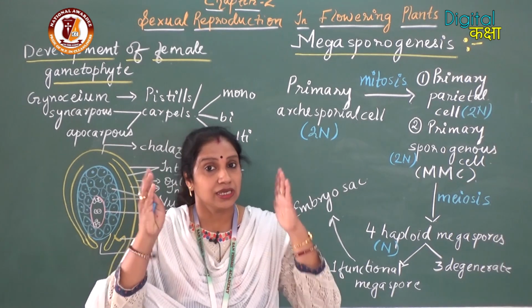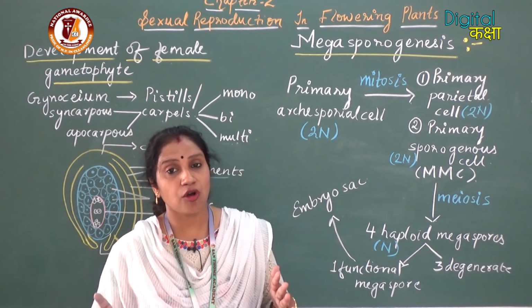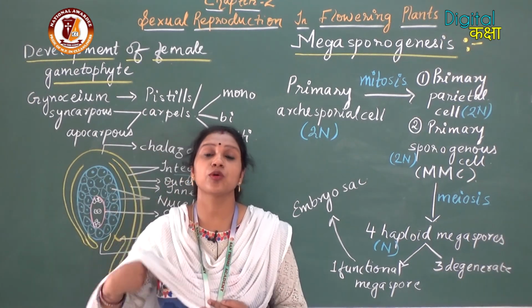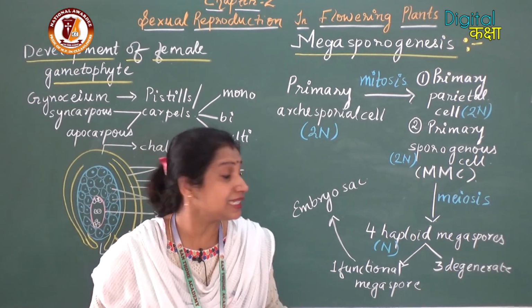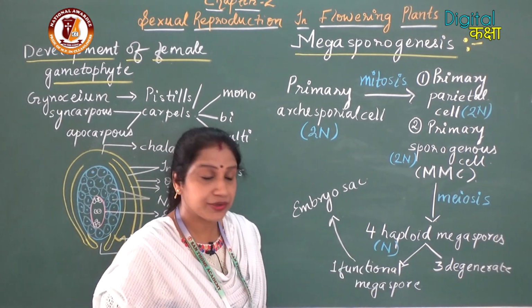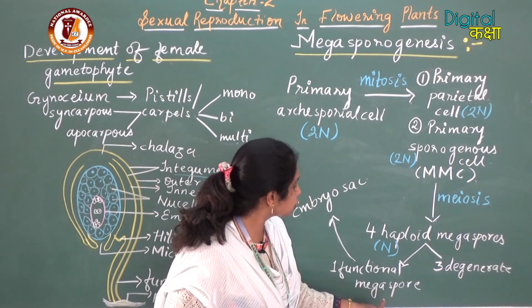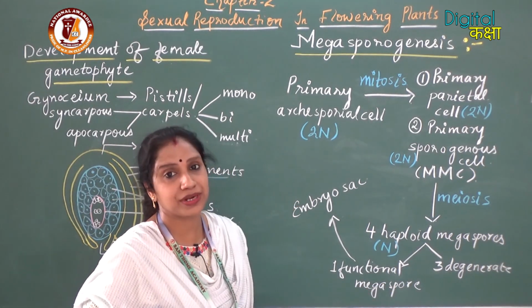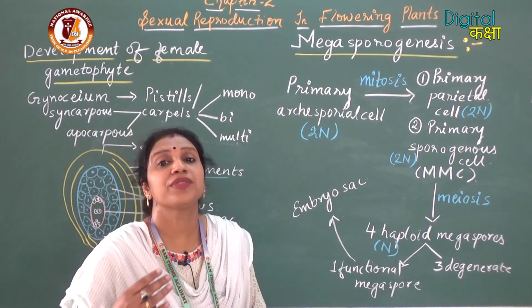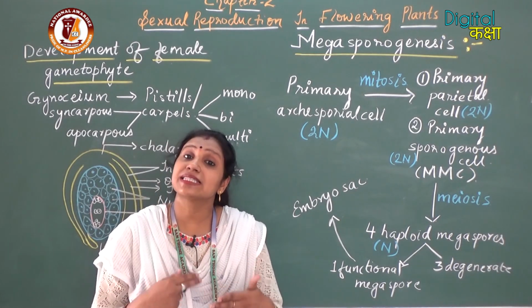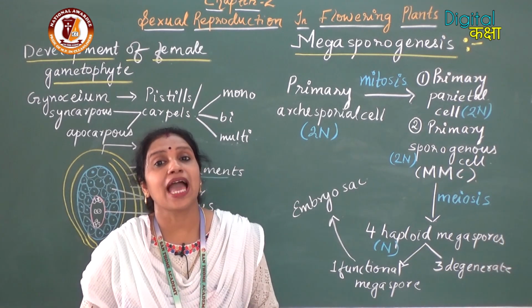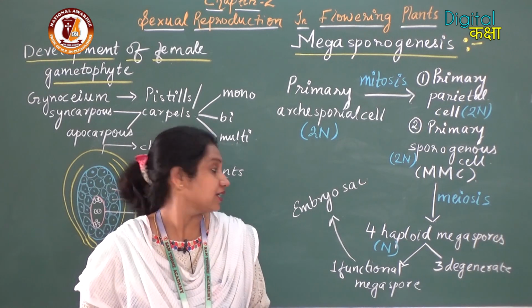When the megaspores are formed, they will be arranged linearly. The 4 megaspores are arranged linearly, and out of that the 3 will degenerate and only 1 functional megaspore will be present. Now this functional megaspore will form the embryo sac, and inside the embryo sac the female gamete is present.